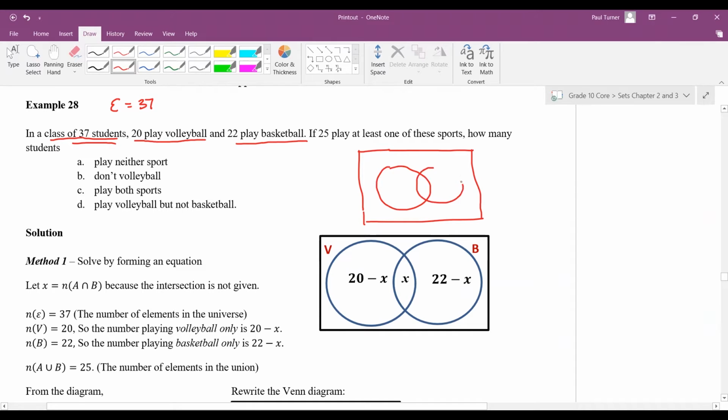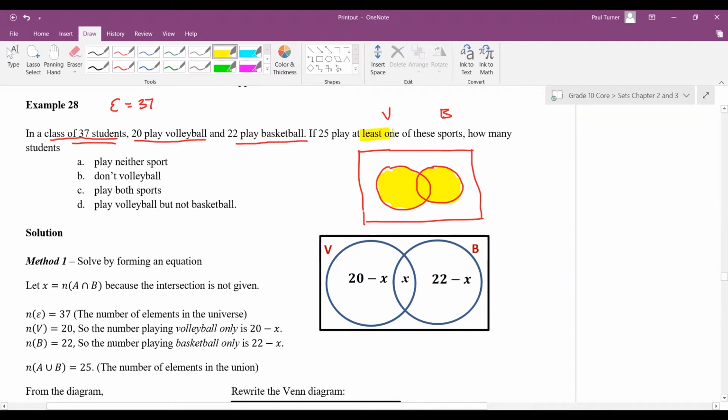So you make two diagrams, two circles like that, and call one volleyball and one basketball. Okay, it says 25 play at least one of these sports. So that means in these circles, there are 25 students in here. Play at least one.